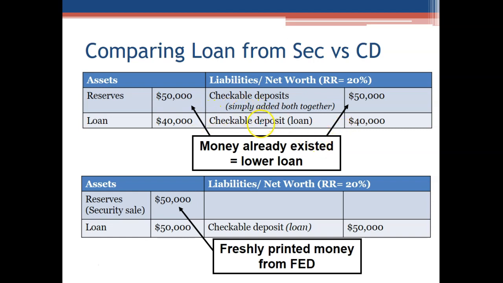Because again, that check or deposit, you can use that, it's readily available. How about if it was a security? Well, they can lend out 100% of that, so they can lend $50,000. So the money supply is increased by $50,000 because it's M1, it's readily available to be used with a swipe of a debit card. So securities allow for a larger increase in the money supply.